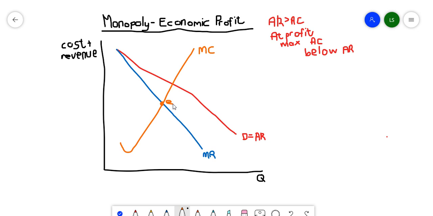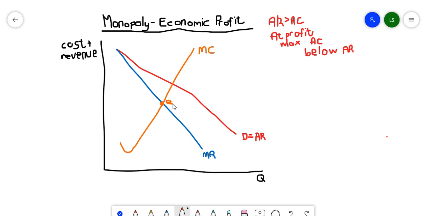How much am I willing to produce at the given market price? Now, the monopoly is a price maker. He is the market, so he has to determine the price and the quantity. He has to decide on a price-quantity combination where he will maximize his profits.